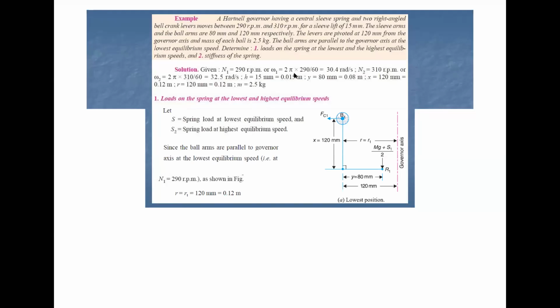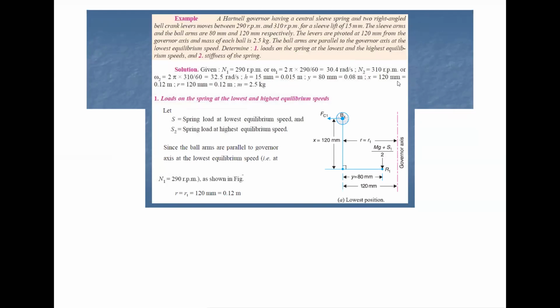The sleeve lift is already given, that is h equals 15 mm, which converted into meters is 0.015 meters. y equals 80 mm, and x equals 120 mm.